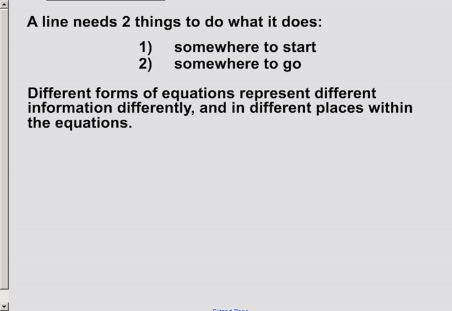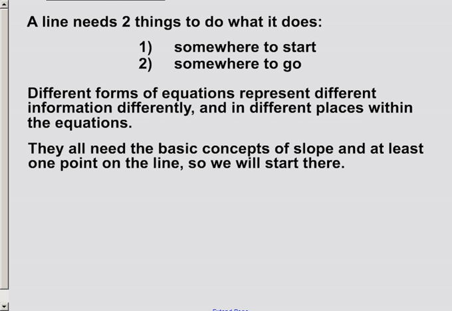However, as you will find, each of these different forms has a particular application, a particular branch of mathematics where one form is more desirable than another. All of these forms need the basic concepts of slope and at least one point on the line.